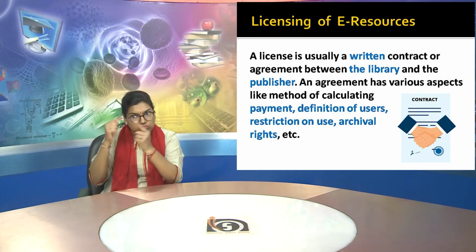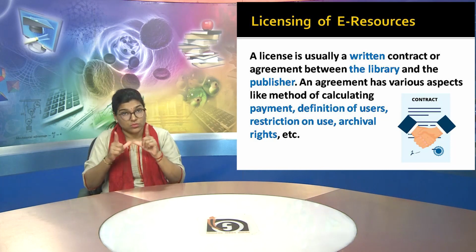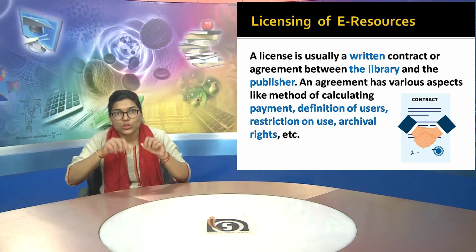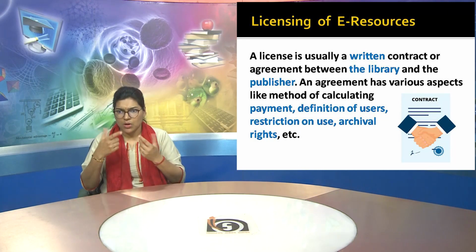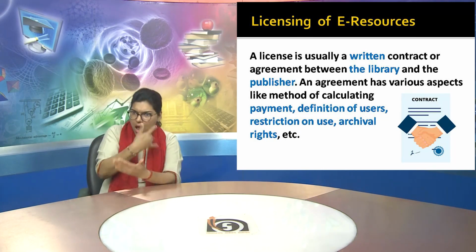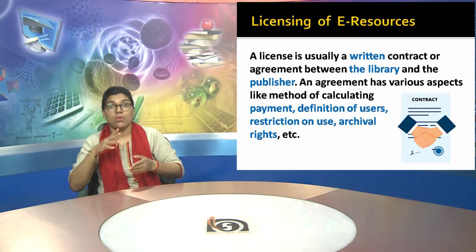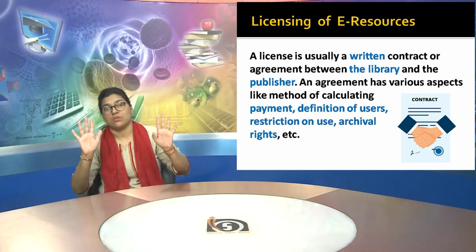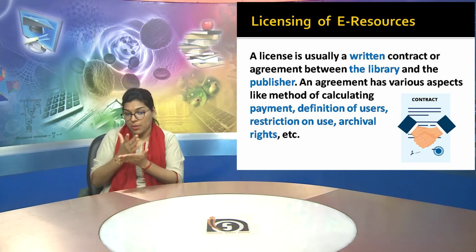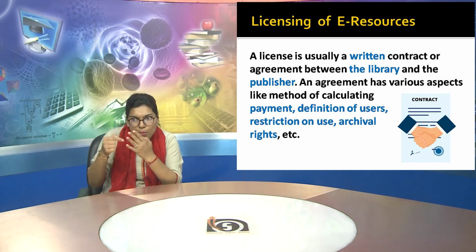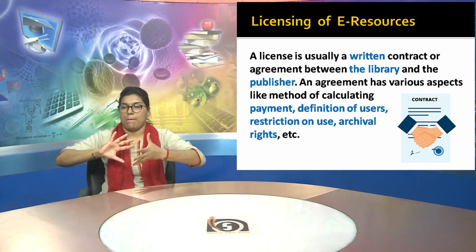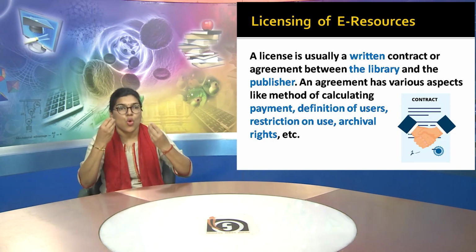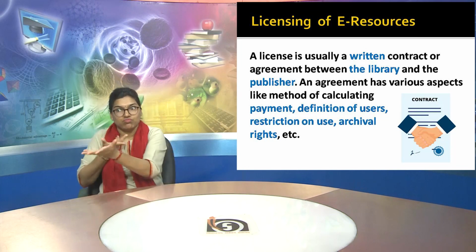And an agreement has various aspects like methods of calculating the payment, how do we define the user, and what are the different restrictions about the use of the content, about the different rights, archival rights, etc. So all those terms and conditions which both the library and the publisher talk about and have concern, they mention all those points in their agreement.